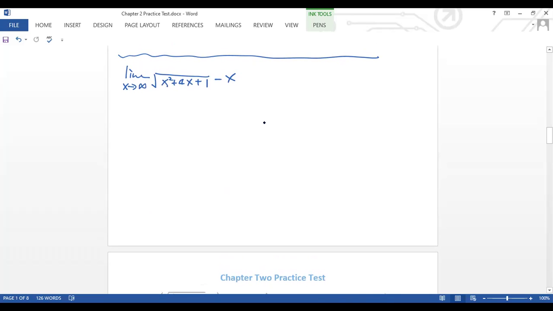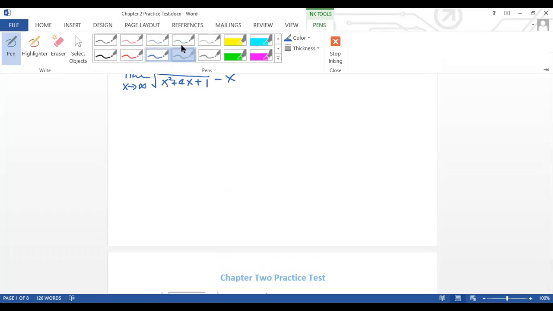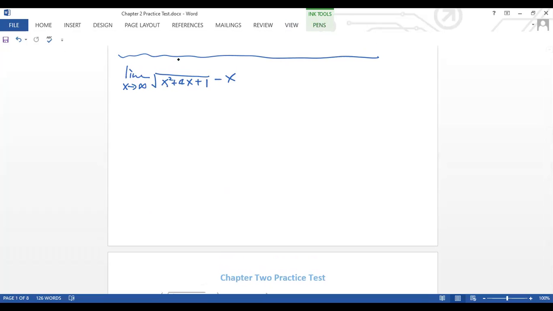This one is a little bit tricky and important. Here, x approaches infinity. What I have over here is infinity, and what I have here is also infinity. So I have infinity minus infinity. Is this equal to 0?